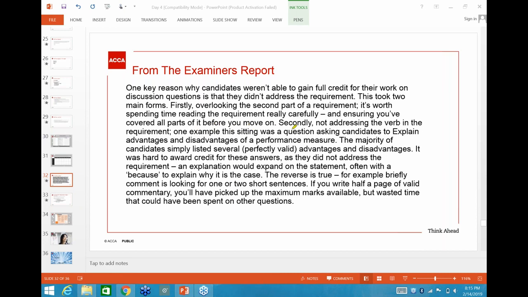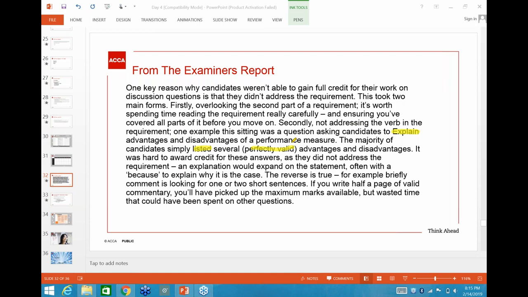One example this sitting was the question asking candidates to explain advantages and disadvantages of performance measures. Explain. The majority simply listed. Okay, so then they will say list advantages, disadvantages. When they say explain, why did you list? Okay, perfectly valid.